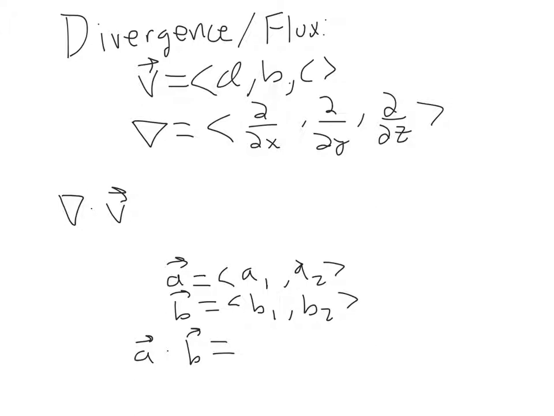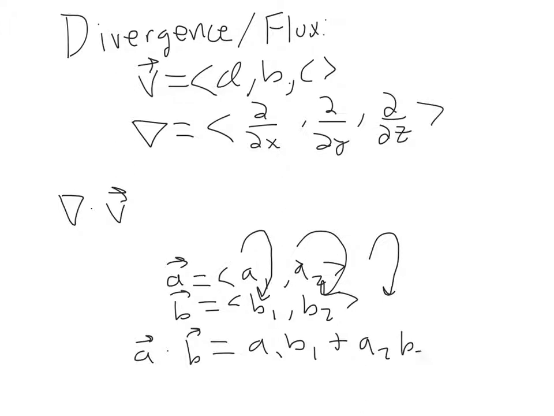To do this you multiply the first two components, and the second two components, and you add these together. And if there were three components, you would also add the product of the third components. So you have A1 B1 plus A2 B2.